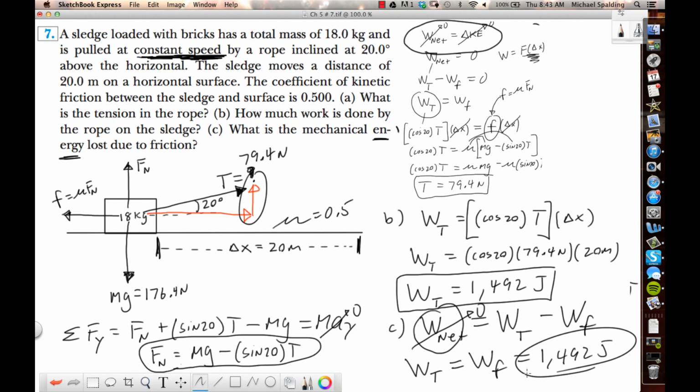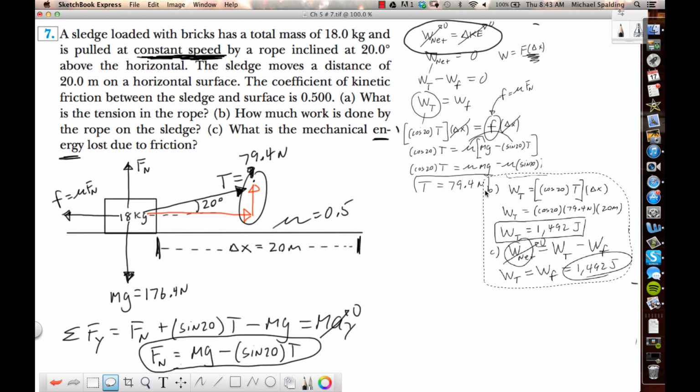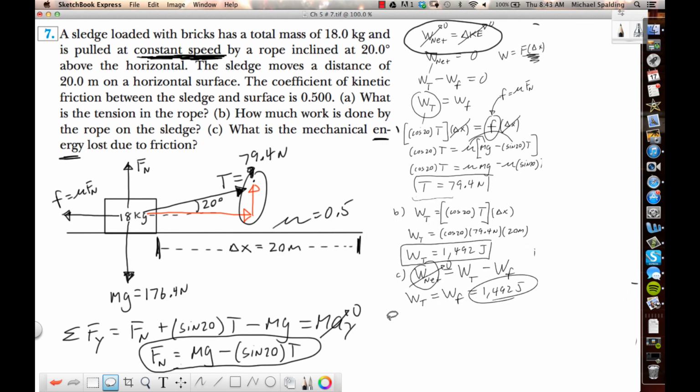Now look, could you have solved for that another way? Could you have done part C a different way? Yeah, it's much more time consuming. What you could have done for part C, I'll just show you real quick. Another solution. To find the work done by friction, because that's the energy, you could go friction times displacement and then calculate what friction is.